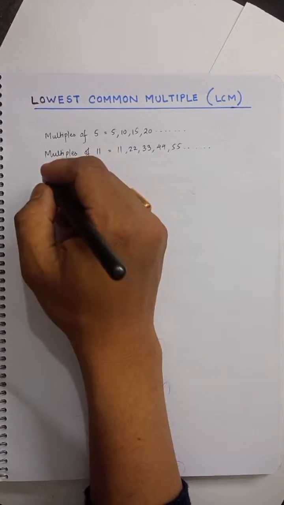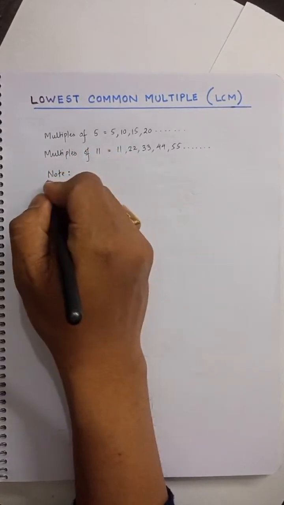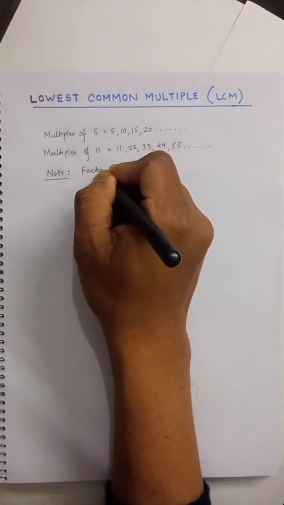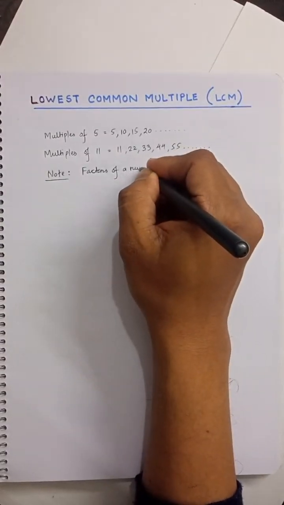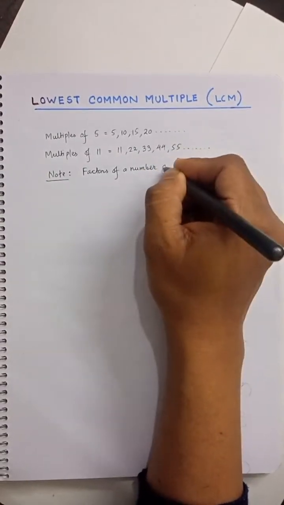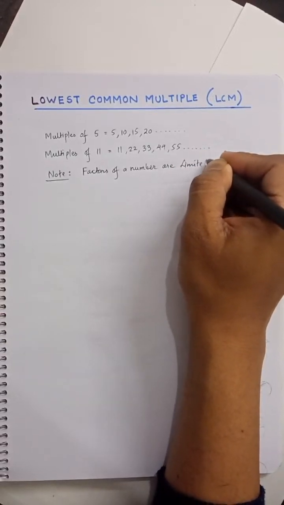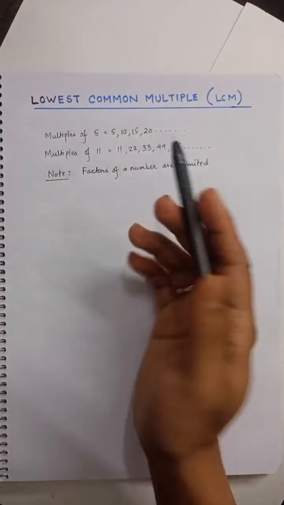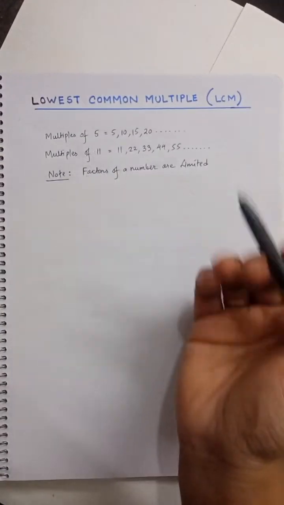So just before beginning, a quick note, just keep in mind that factors of a number are limited. If I ask what are the factors of 5, so 1 and 5. In fact, both 5 and 11 are prime numbers.